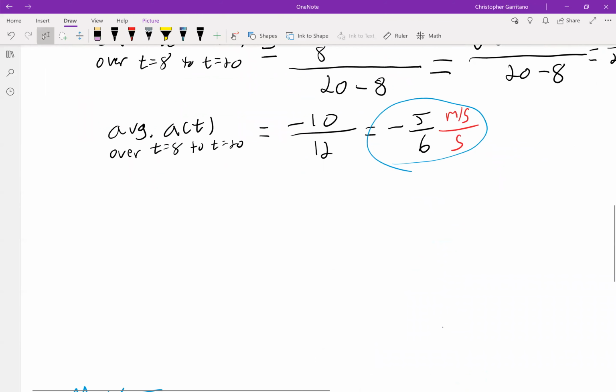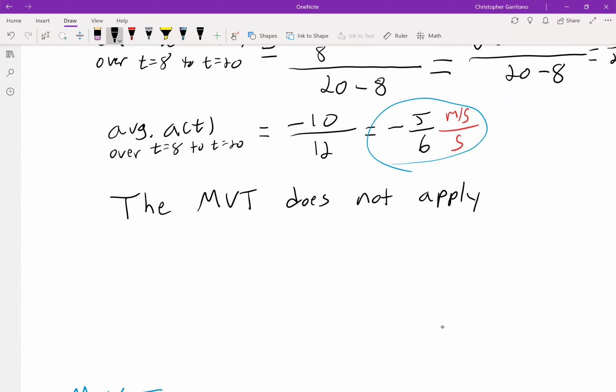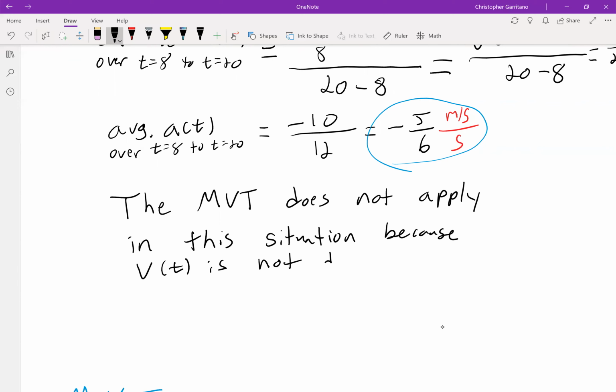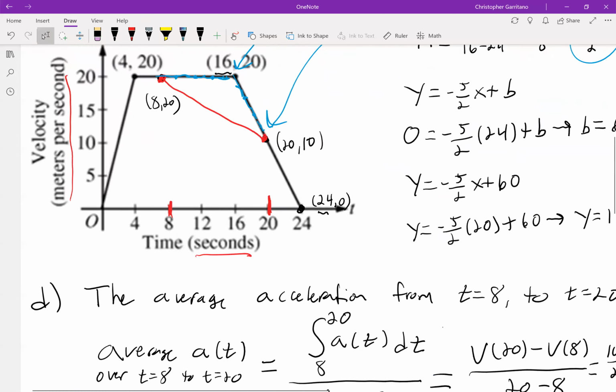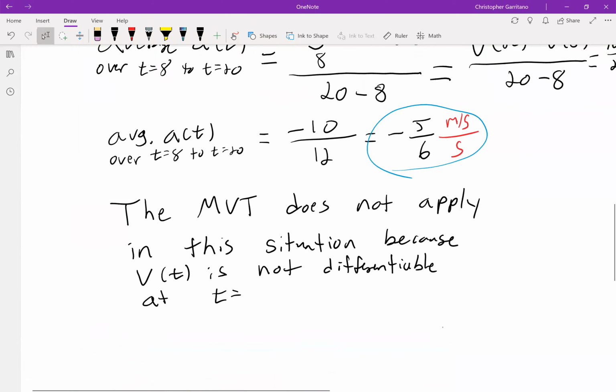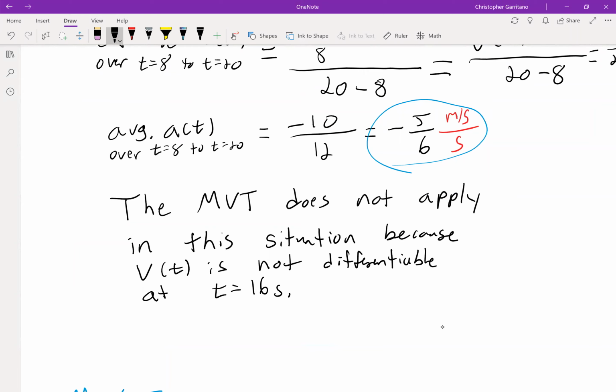So we would answer that the mean value theorem does not apply in this situation, because v of t, the function that we're analyzing, is not differentiable at, and let's tell them the exact location, at t equals 16 seconds.